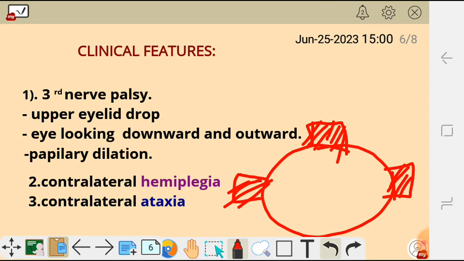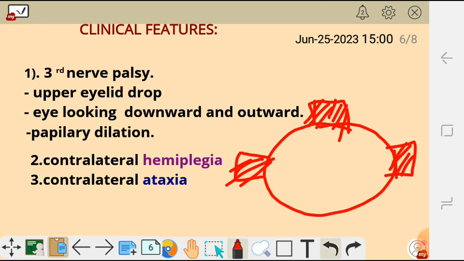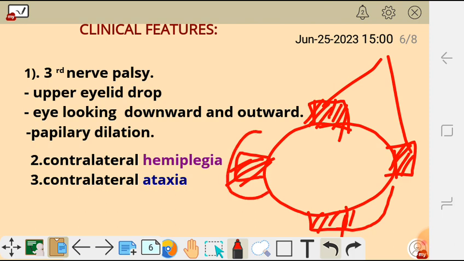Then we have the inferior rectus muscle this side. So the oculomotor nerve innervates the superior rectus, medial rectus, and inferior rectus muscles. The lateral rectus is innervated by the abducent nerve.